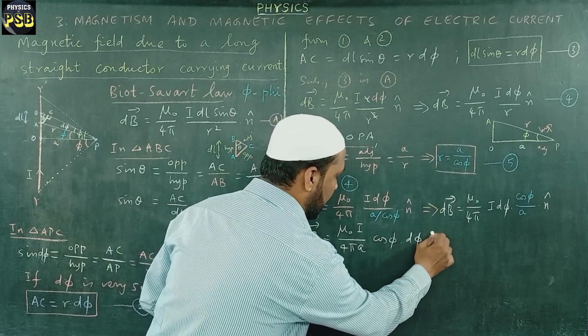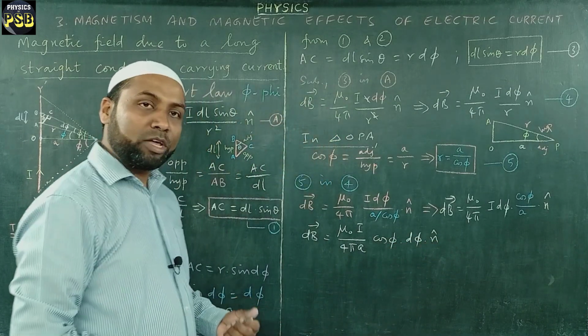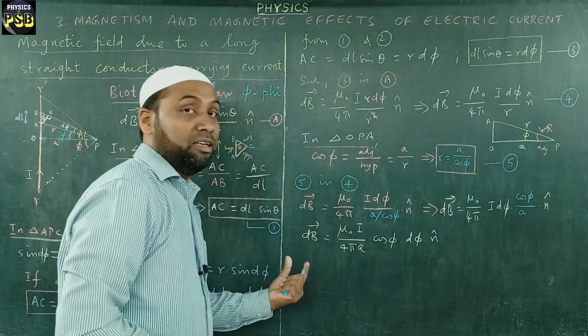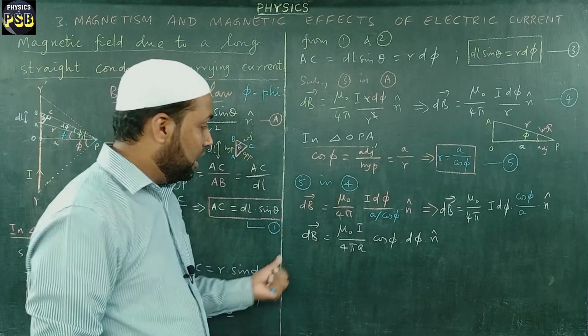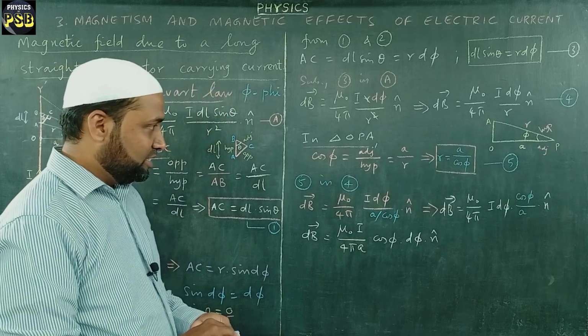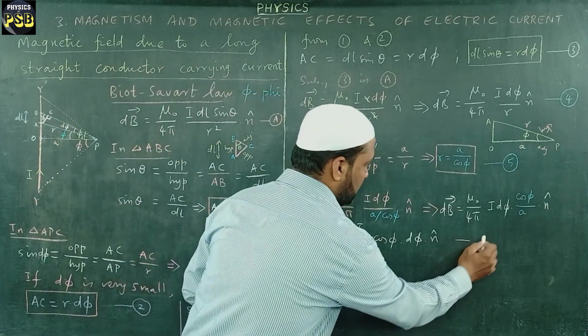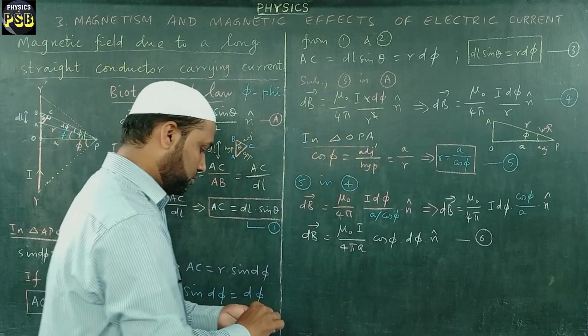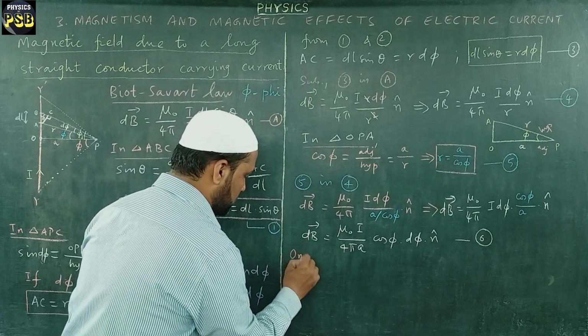d phi n cap. Now to get the B vector from dB vector, I need to integrate this. Now this is equation 6, which is integrated.